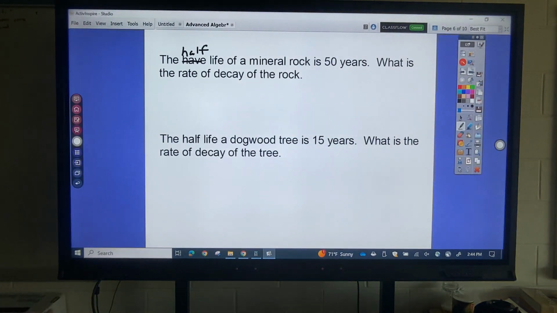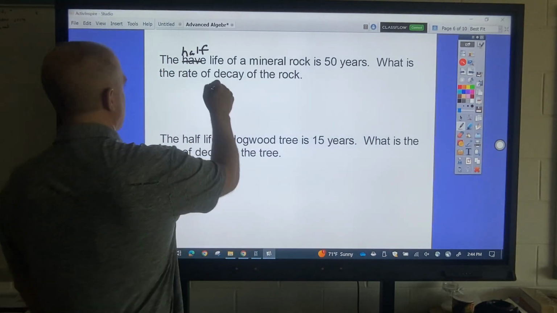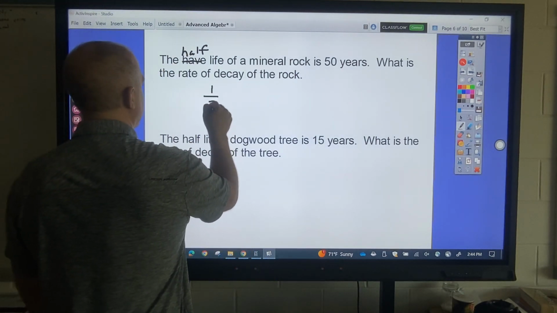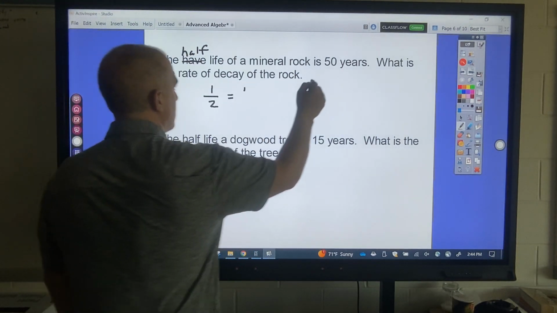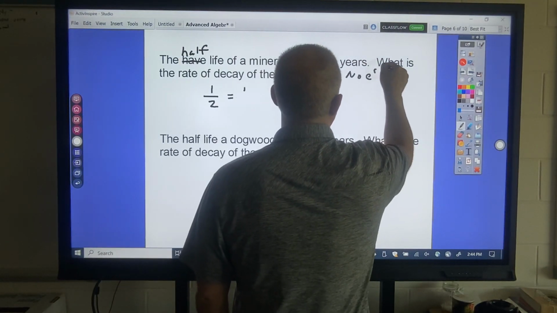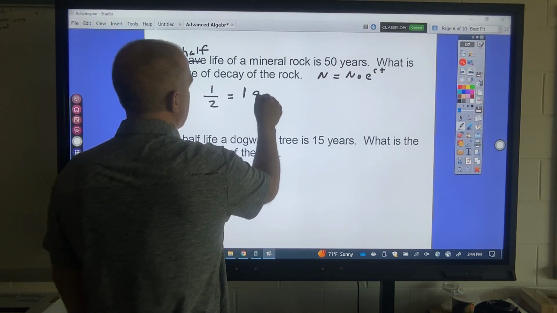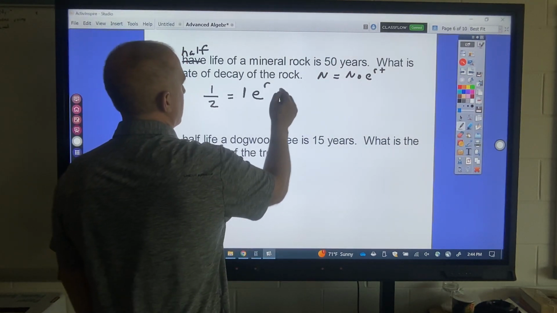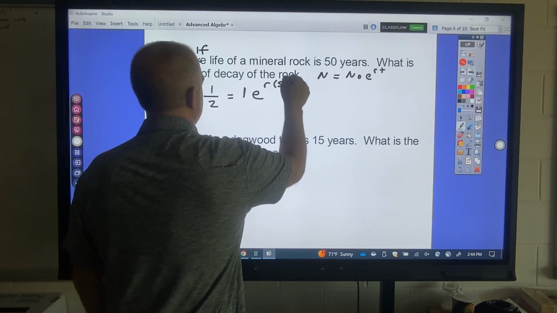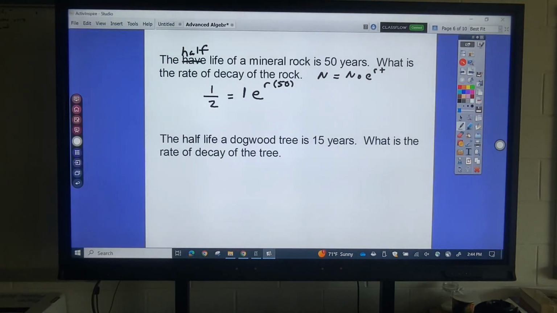It says the half-life of a mineral rock is 50 years. What is the rate of decay? So the idea is that if you use this formula, that's 1 e to the R times 50, that's your rate.